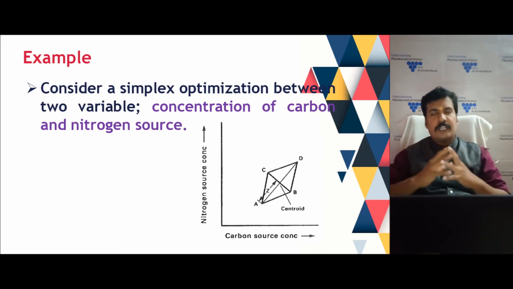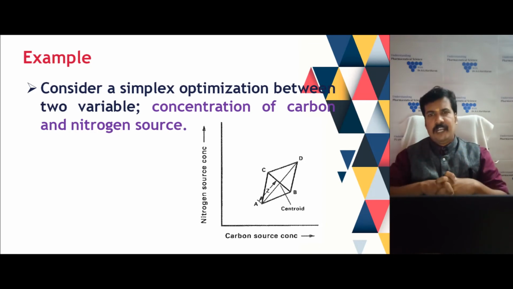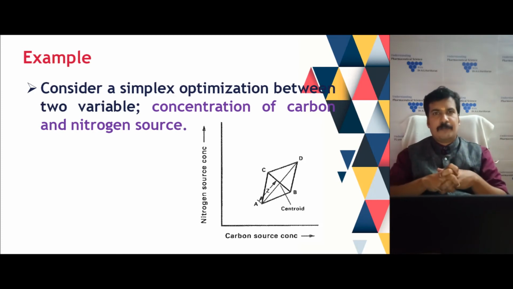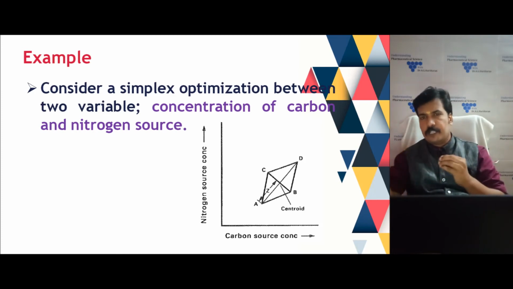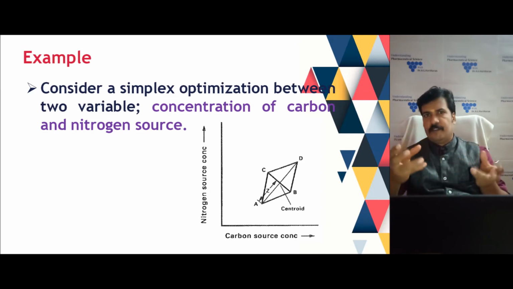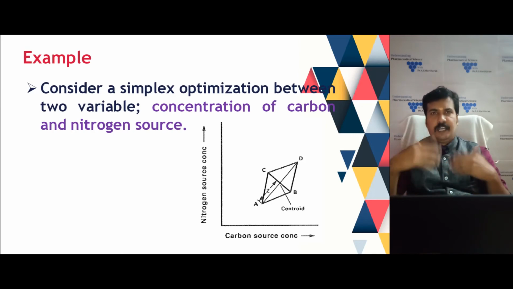Initially I start an experiment at a particular point, point A, which has a particular carbon and nitrogen source. I will perform an experiment for the antibiotic. Then I will choose another point, B, and perform an experiment at that particular carbon and nitrogen source. I will get the results. Then from the distance between A and B, I will create a new point C. Then at point C, I will perform it.